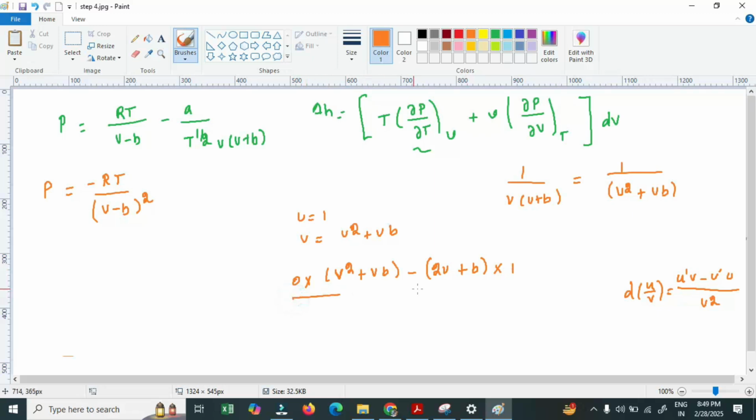This minus minus will become plus 1 here and multiply by 2V plus B, at the denominator multiplied by V square plus VB power 2. This is nothing but dou P by dou V at constant temperature.